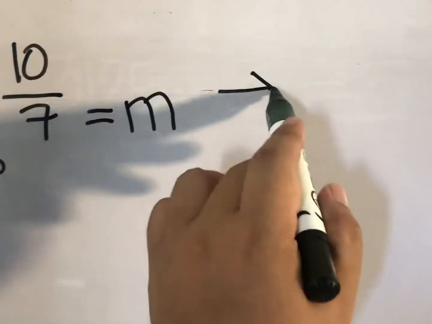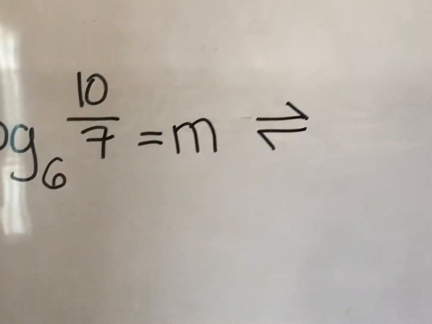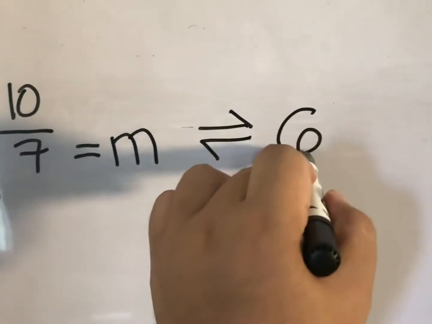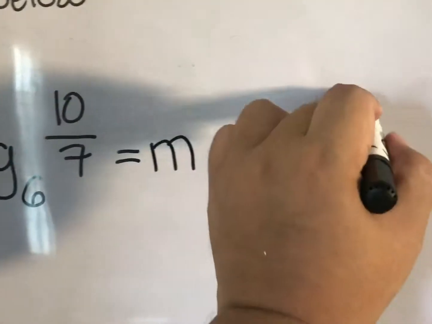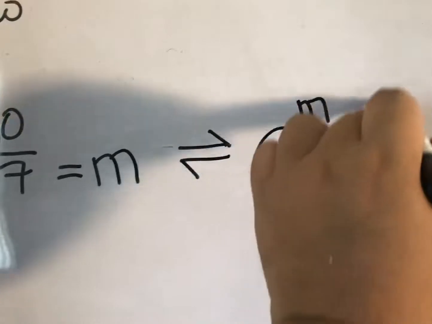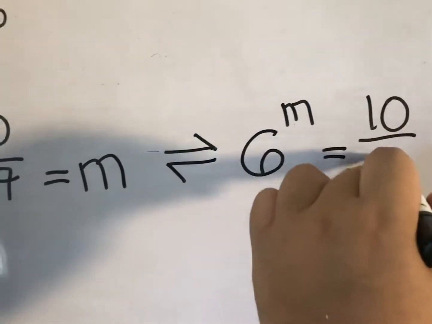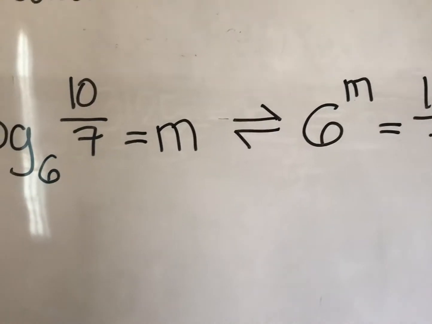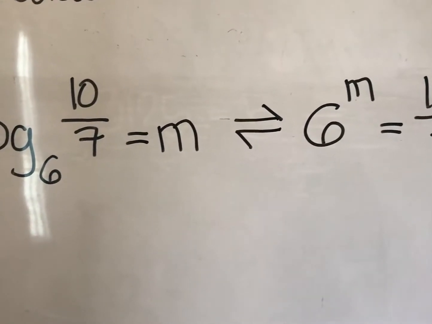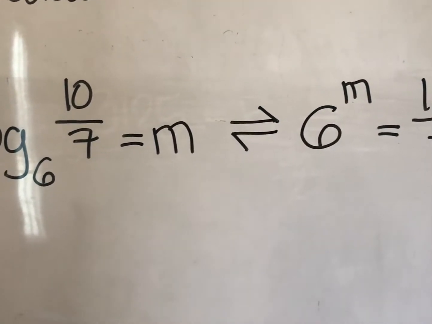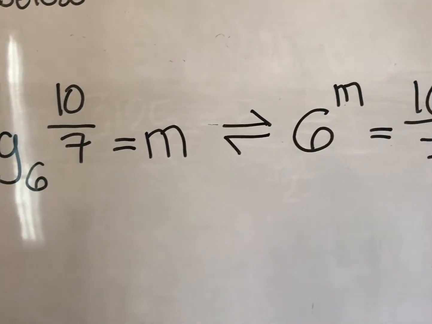Well, as before, we say 6 to the mth power is the fraction 10/7. And there we were able to convert the second example of a logarithmic form into its exponential form.